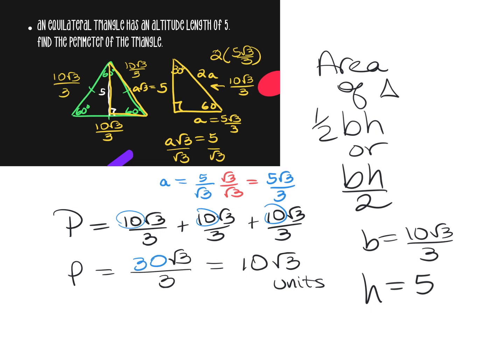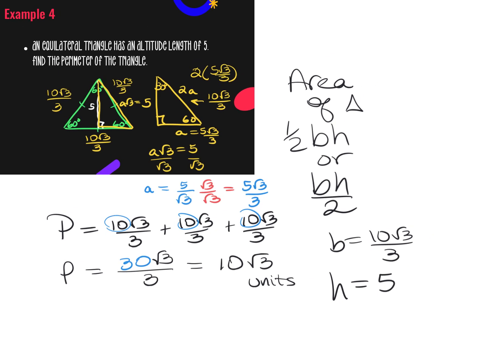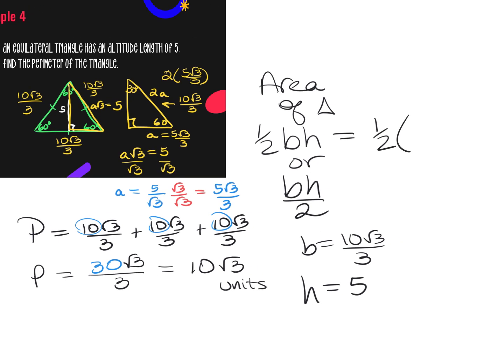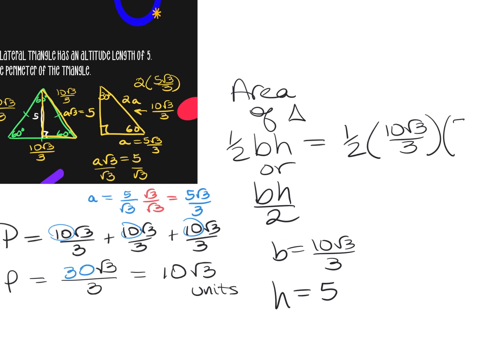So let's plug those numbers into the formula. So 1/2 base 10 times the square root of 3 over 3 times the altitude, and I'm going to make it 5 over 1.